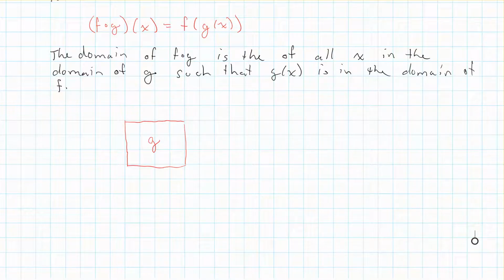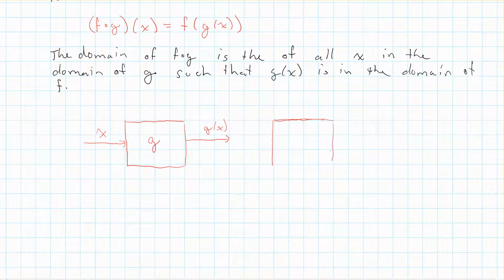And so remember, with these function boxes, we have an input, and this input, of course, is just x, and then the output of this function box would be g at x. Now, if this was just g, that would be fine, but then this is going into another function box, and we'll call it f because that's the other function.